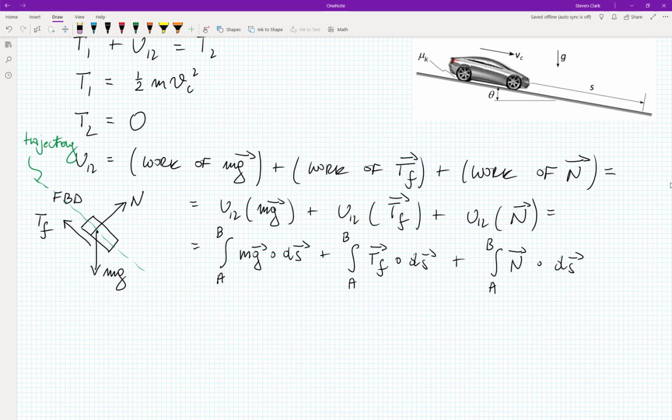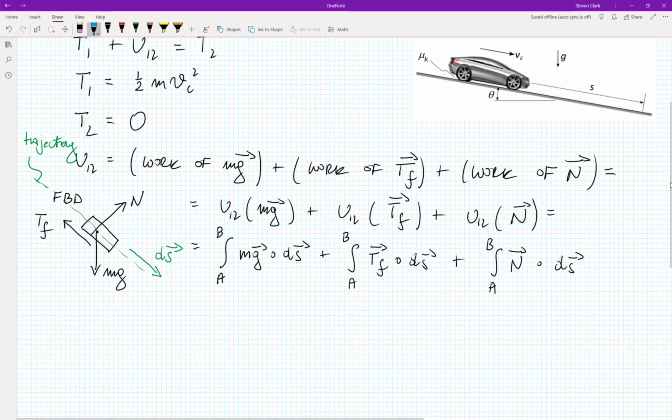And I think that the displacement is going to point this way. I believe so, yeah? ds will have this direction, right? Okay, so let's maybe solve the easiest integral in this course.